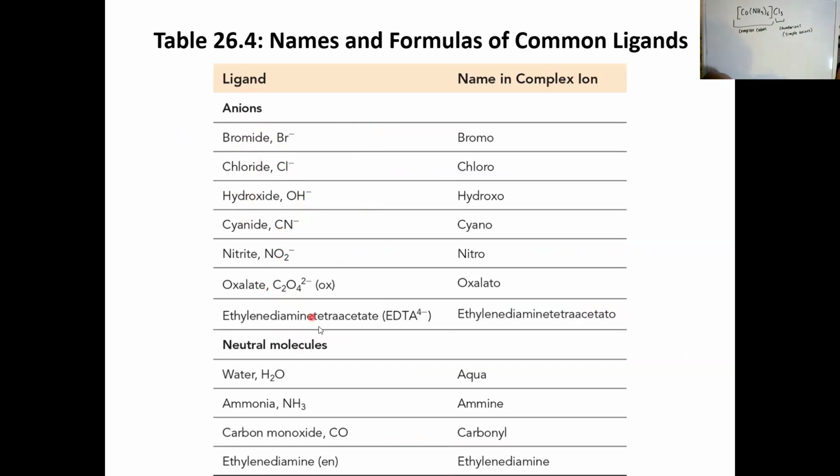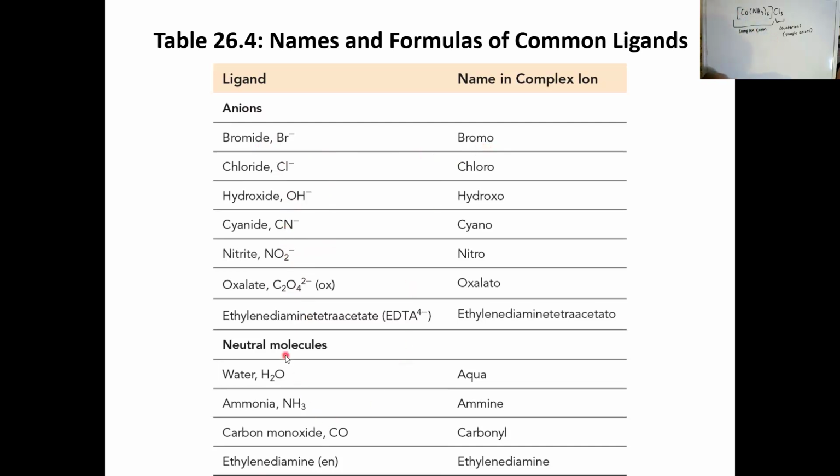Maybe not the oxalate ion and the ethylene diamine tetraacetate ion. These are kind of new, but the rest of these we've seen before. And you're going to see that the ending of the ion name is going to change when we're considering it as a ligand in a complex ion. So when you have the bromide ion behaving as a ligand, the name is going to become bromo.